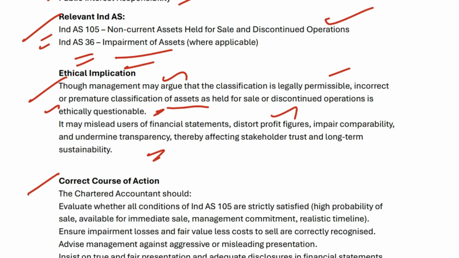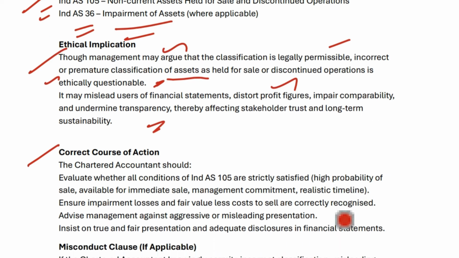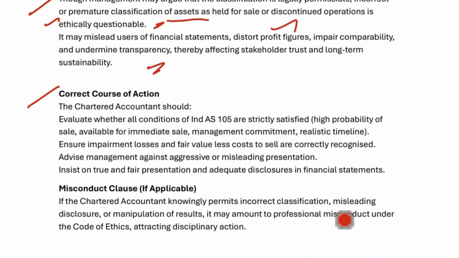So what is the correct action that the auditor should take? The chartered accountant should evaluate whether all the conditions of Ind AS 105 are strictly satisfied, that is, high probability of sale, availability for immediate sale, management commitment, and no withdrawal of the plan. All the conditions should be satisfied.